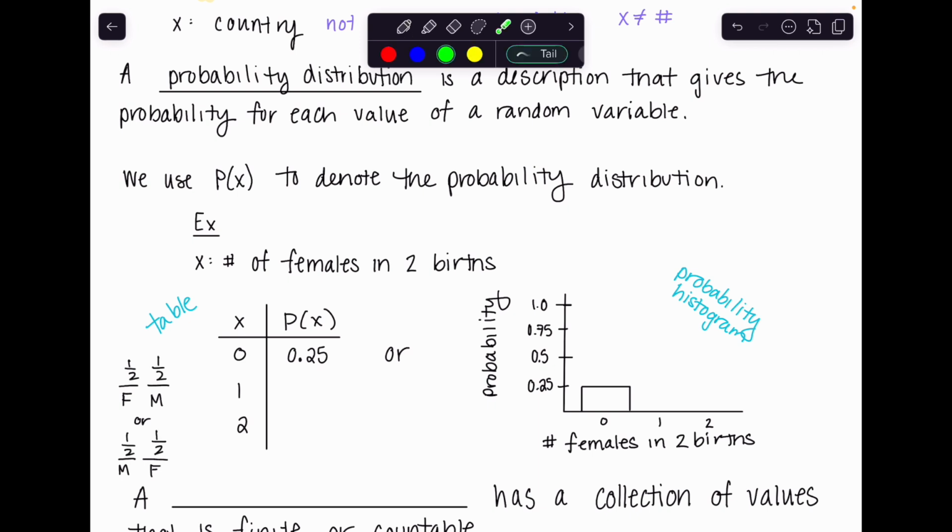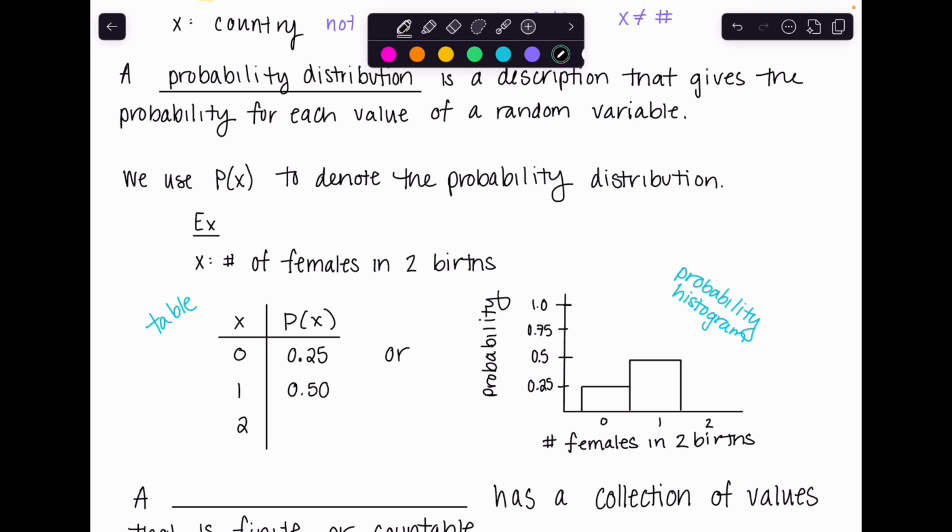So really there is a 1/4 chance of this situation, a 1/4 chance of this situation. So adding those 2 possibilities together give you a 50% chance of having 1 girl, okay? So when I go to then draw my histogram, this bar would jump up to 0.5.